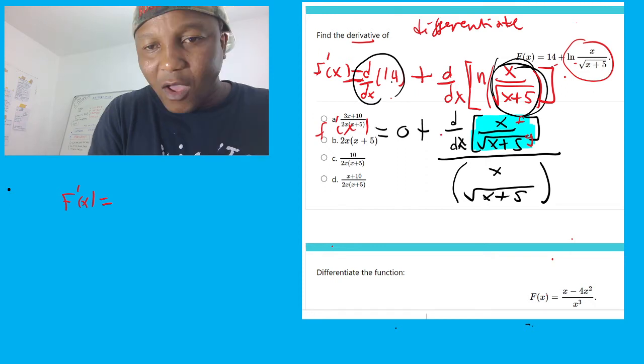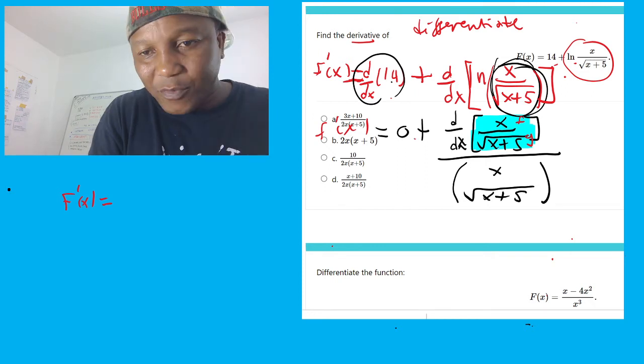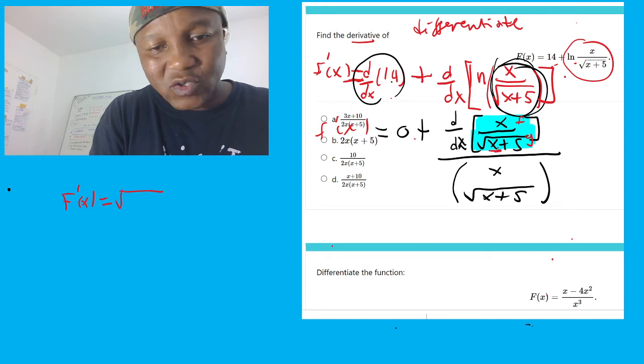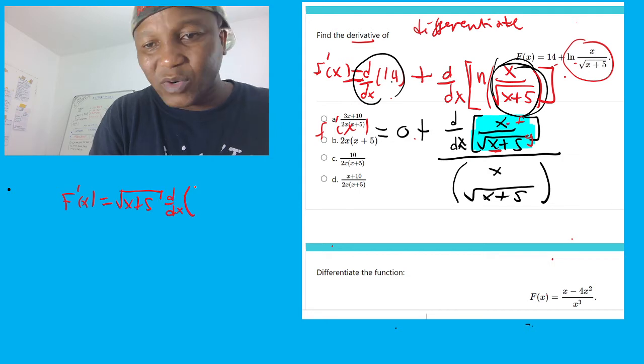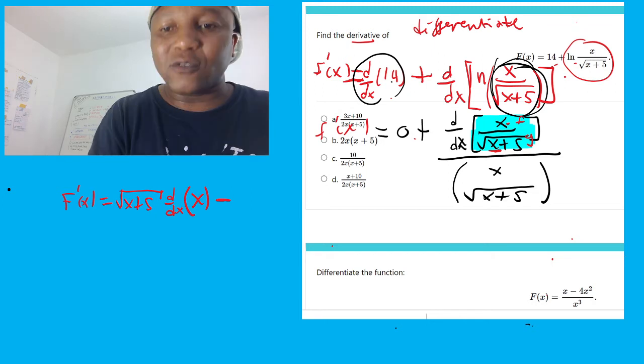So plus, now we say the denominator must be constant. What is the denominator? The square root of x plus 5. And then you must differentiate the numerator. What is the numerator? Just x. We minus. Now the numerator is going to be constant, and now you differentiate the denominator.